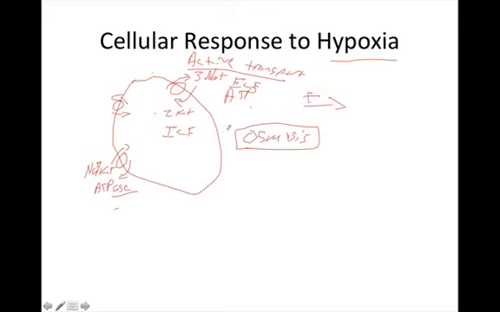So then, if a cell is becoming hypoxic, you can probably start to guess what's going to happen here. We're going to have a reduction in ATP production.